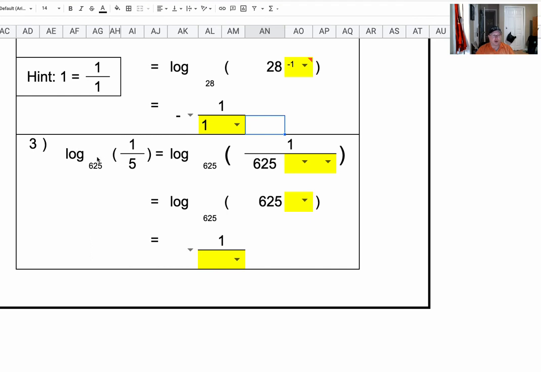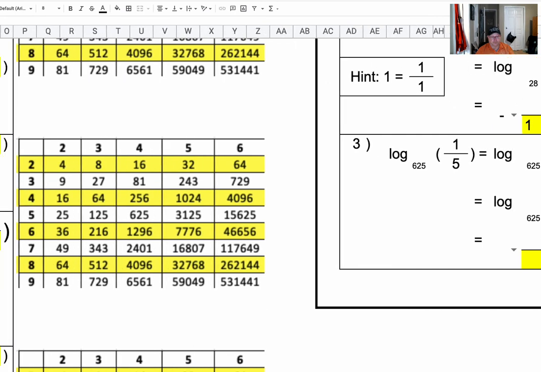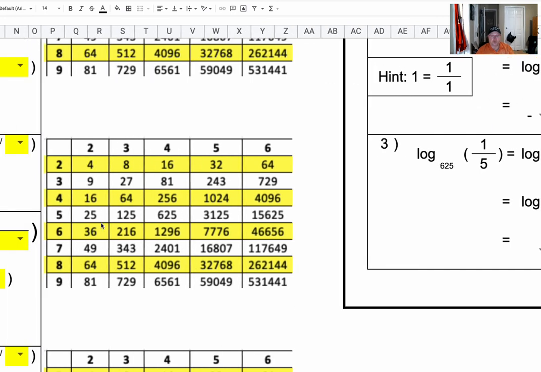So I have the logarithm of 1/5 to the base 625. First goal, get the bases the same. So take that 5 and turn it into base 625. How do I do that? Well, let's go to our chart. I've got 625 here, 5 here. What do I do to 625 to turn it into a 5?